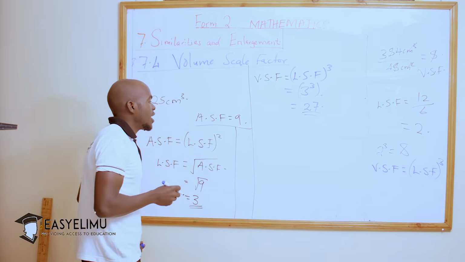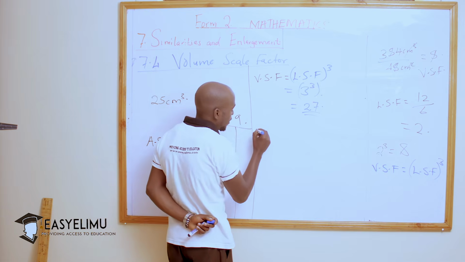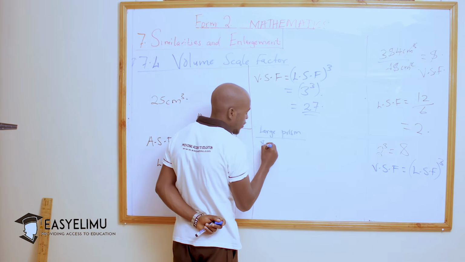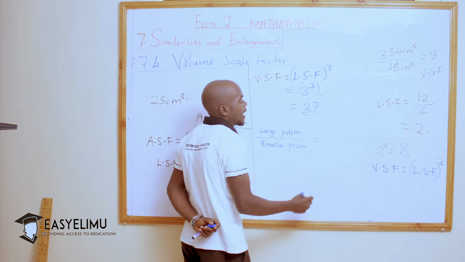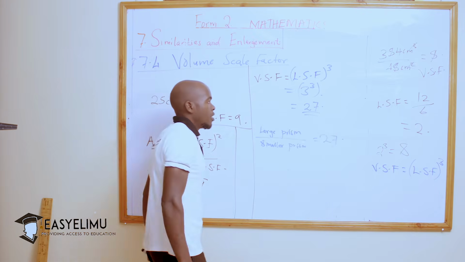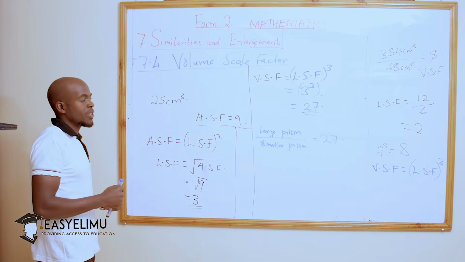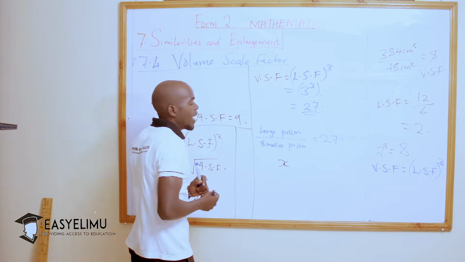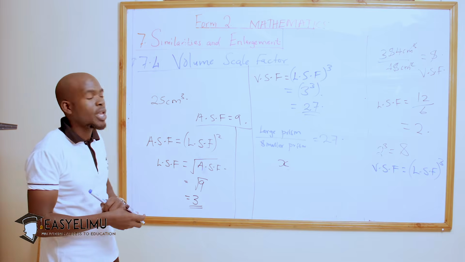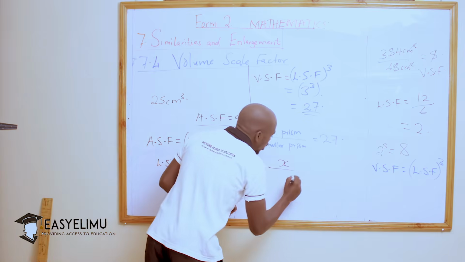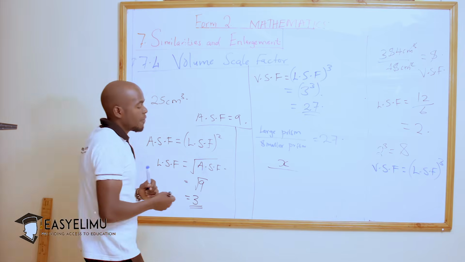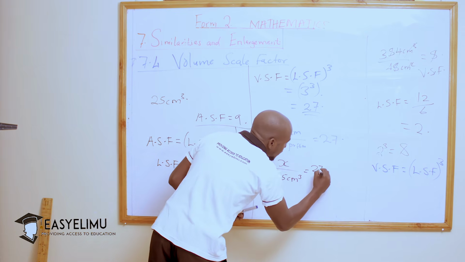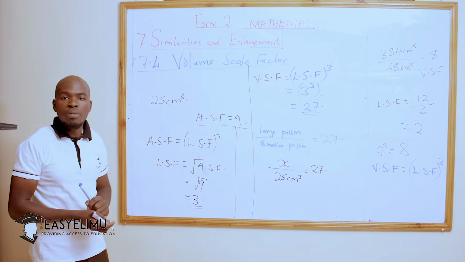That means that if we take the volume of the larger prism over the volume of the smaller prism, we are going to get 27. But what is the volume of the larger prism? We don't know, so we give it the letter X to imply that we don't know but we are looking for it. So X over 25 cubic centimeters equals 27.